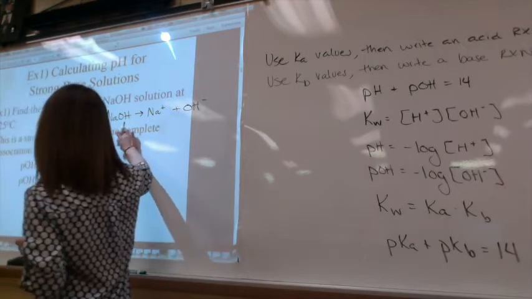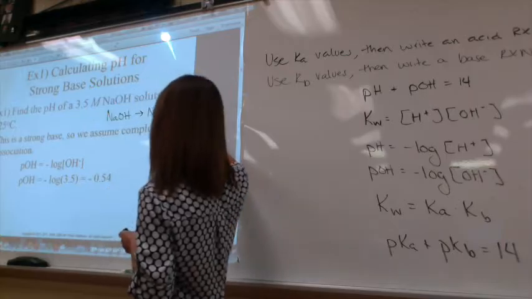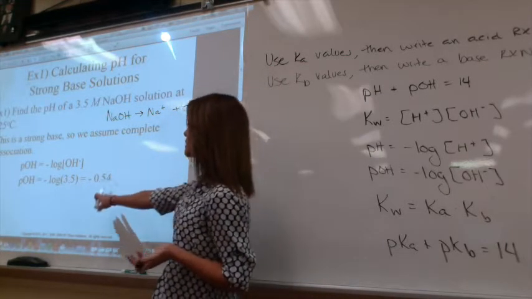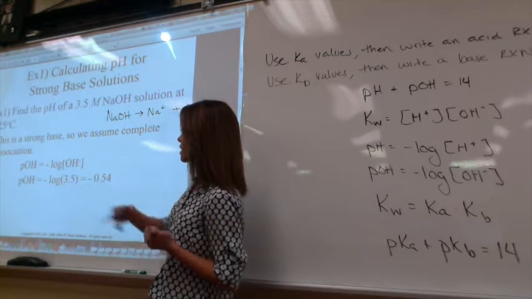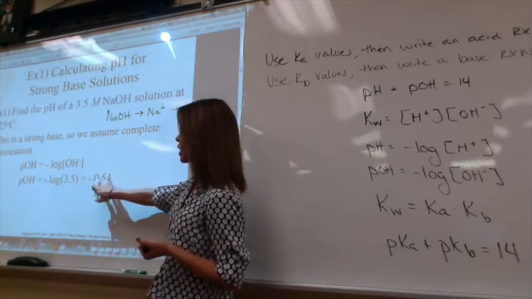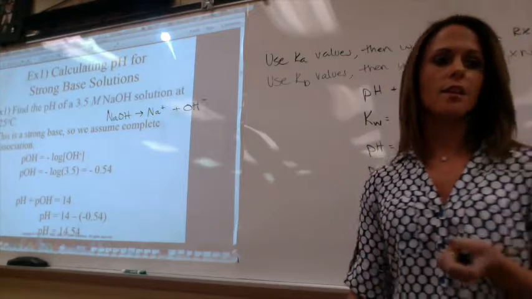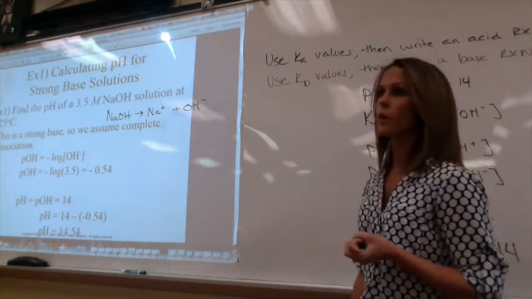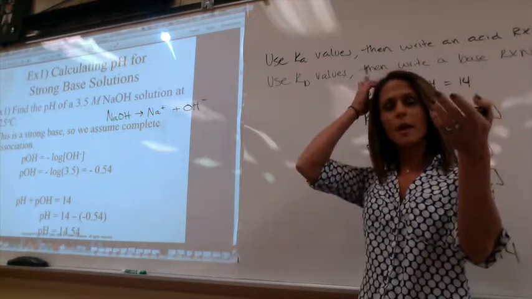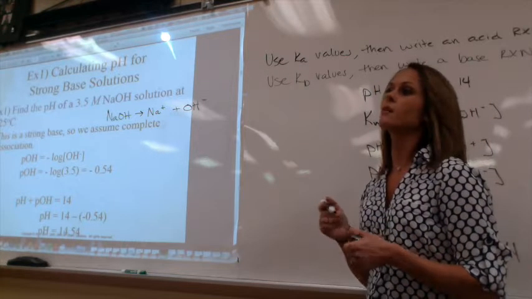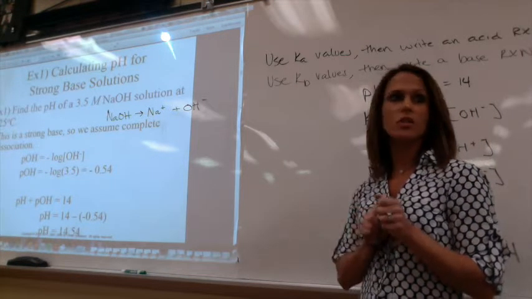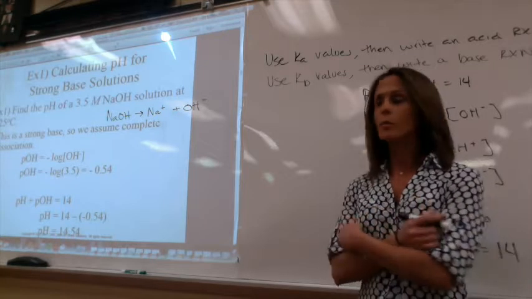So if this is 3.5, then this is 3.5, then this is 3.5. In this example, we took the pOH as negative log of 3.5. You get the pOH, and then 14 minus that gives you the pH, which is 14.54. So, to what Mike was saying earlier, you can extend beyond the pH scale for something that's very strong, either acid or base.